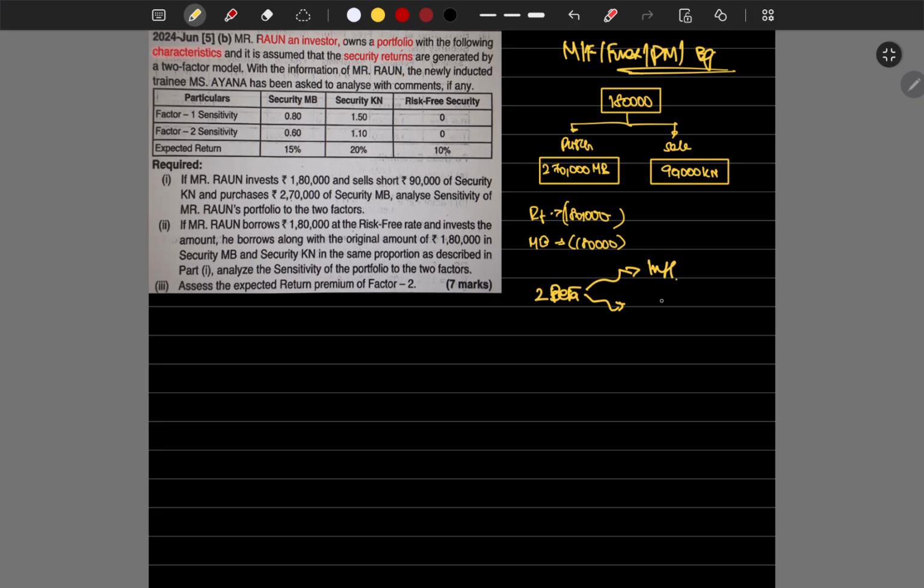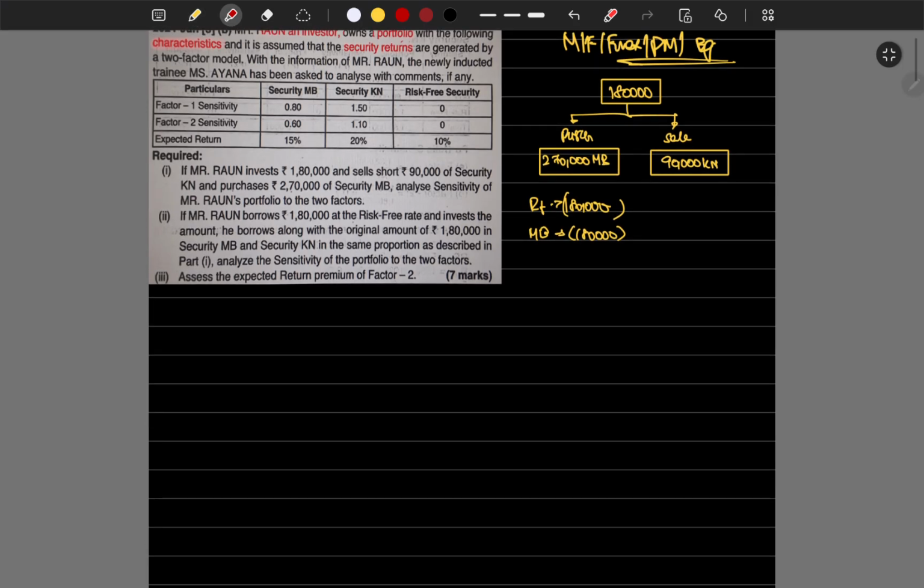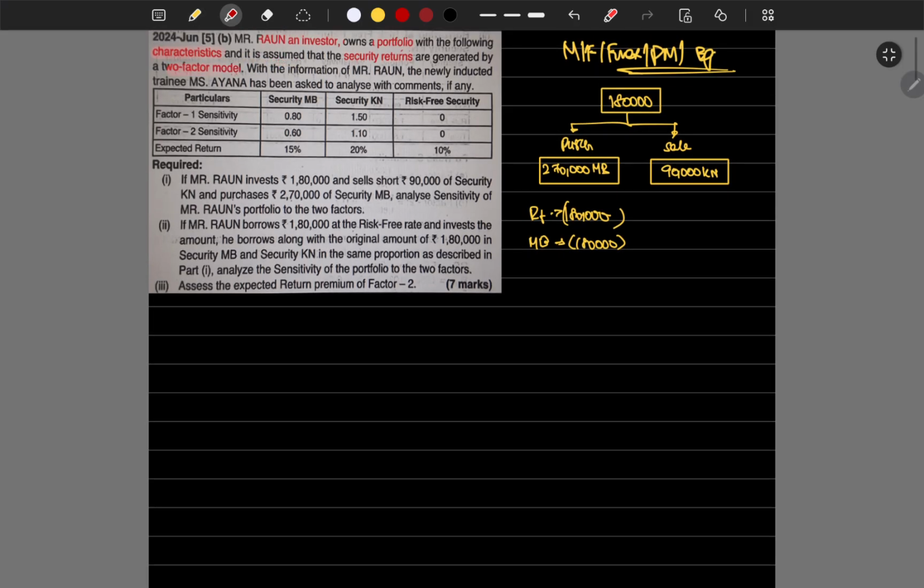On one side there will be inflation, on one side there will be war, on one side a market crash. All these things will affect the stocks and securities. So in this problem we are going to face that, but we are solving with two factors, which is factor 1 sensitivity and factor 2 sensitivity. They have given these for both the securities, and the risk-free rate also.